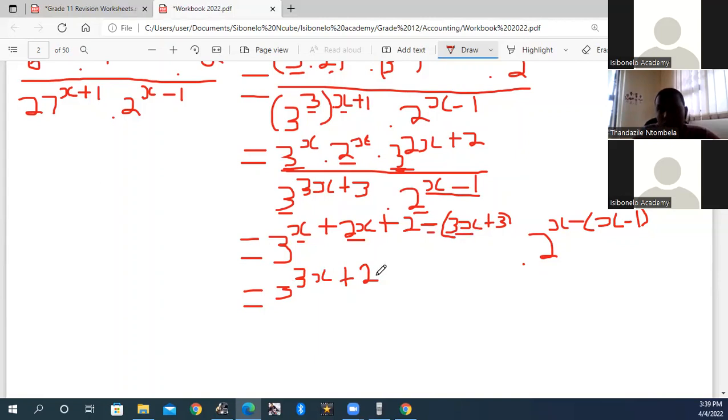And then negative times positive 3 is negative 3. Negative 3 times 2 to the x: negative times x is negative x. And negative times negative 1 is positive 1.